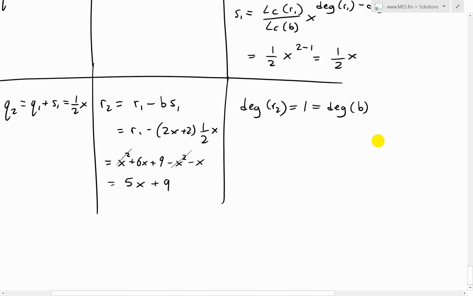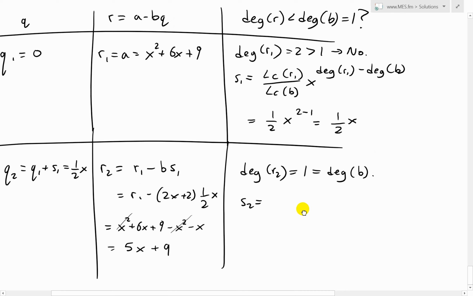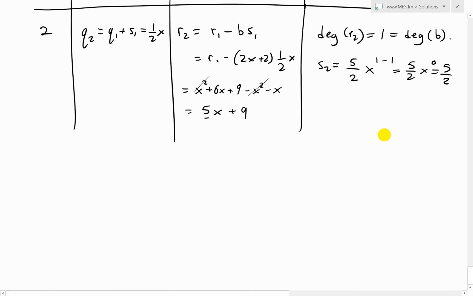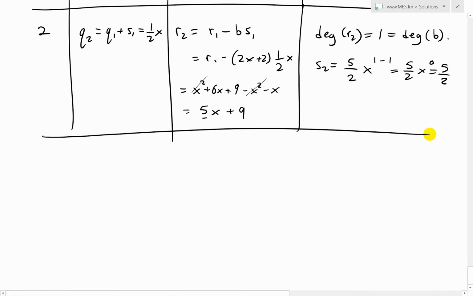So s2 is going to be equal to the leading coefficient of this, which is 5, divided by the leading coefficient of b, which is always going to be 2. And then we have now x to the degree of R2, which is 1, minus the degree of b, which is 1. So we get 5 over 2 times x to the 0, or just 5 over 2. So that's what our S2 value is.